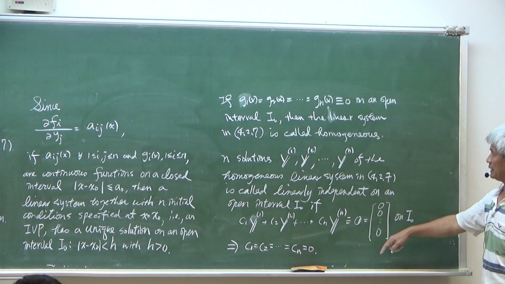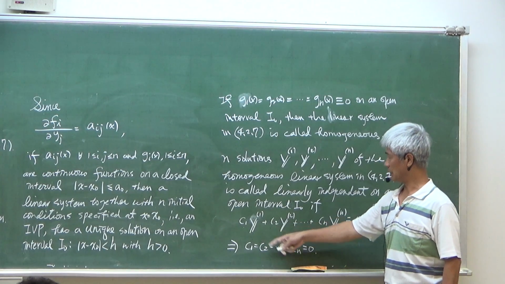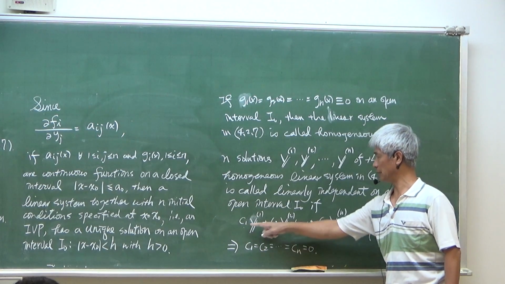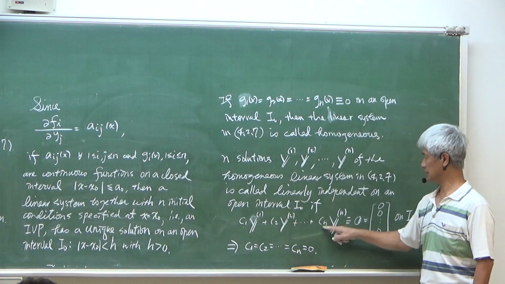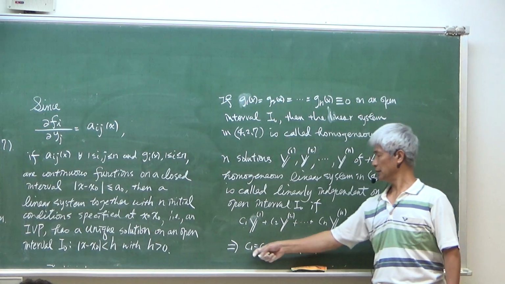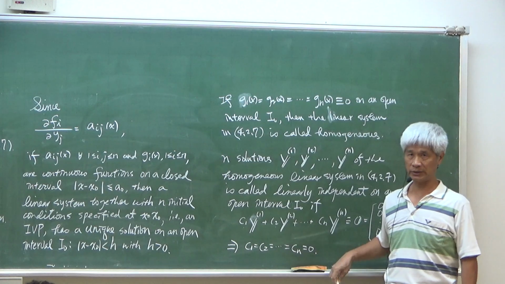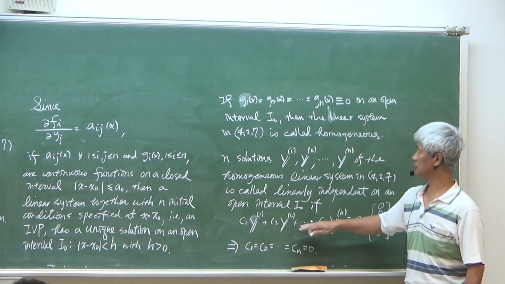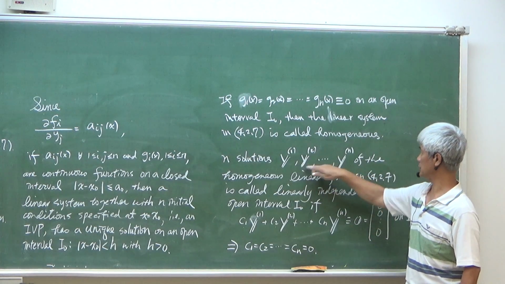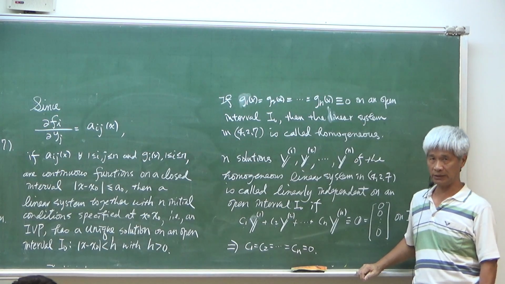If you can show that the only possible constants such that this is true are all zeros, then these n solutions are called linearly independent.